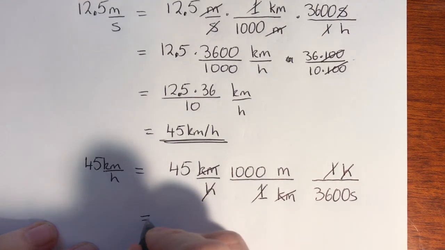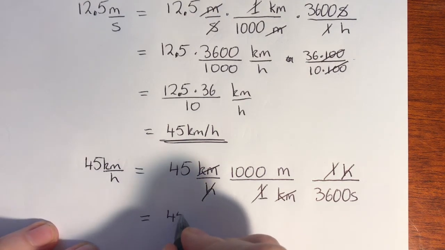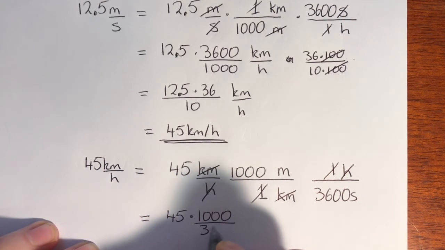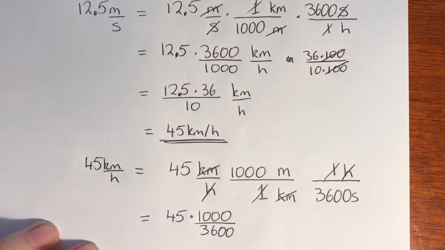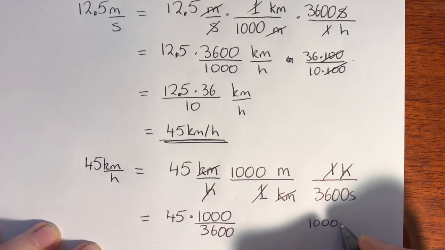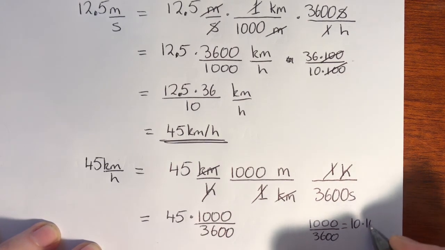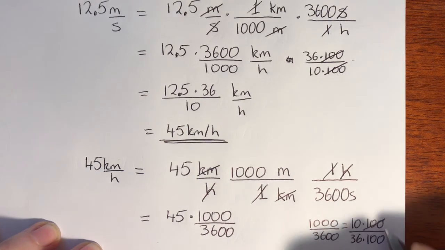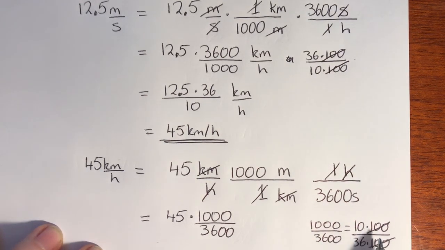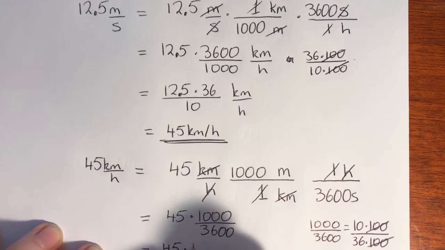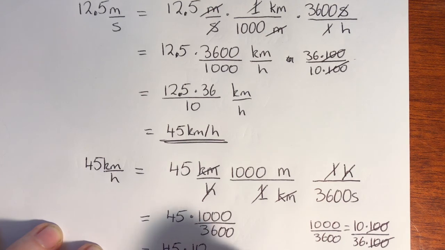And then we get that the final answer is 45 multiplied by 1,000 divided by 3,600. If we think of 1,000 divided by 3,600 as being 10 times 100 divided by 36 times 100, 100 divided by 100 is 1. So we can simplify that expression to 45 multiplied by 10 divided by 36.